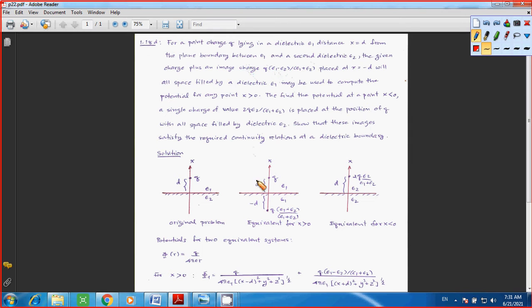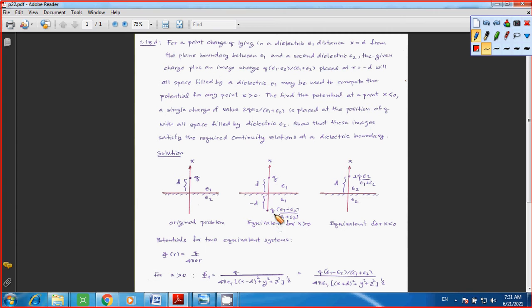You can simplify by comparing the given charge plus an image charge.